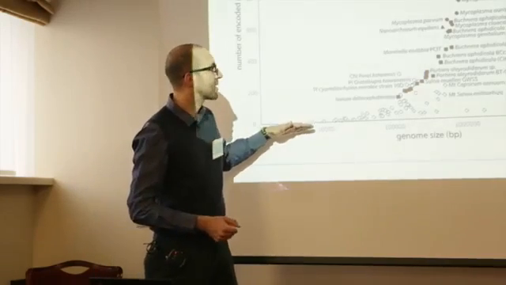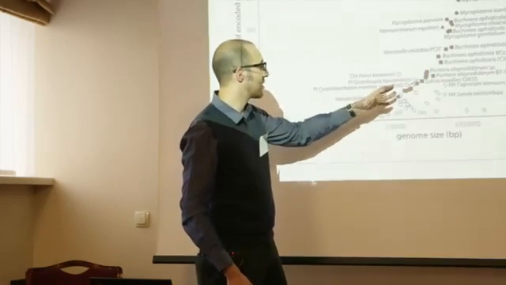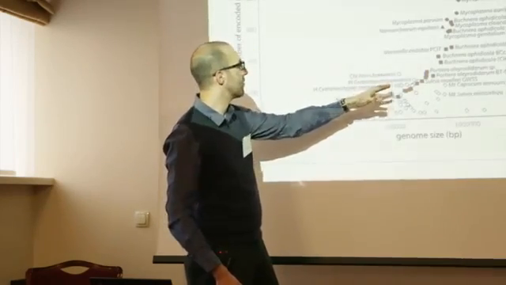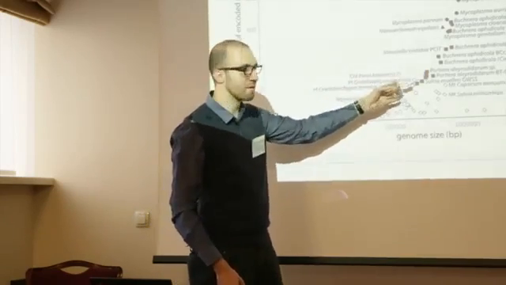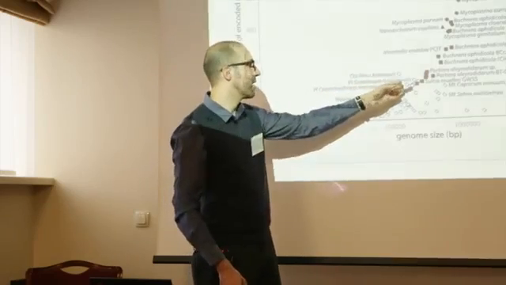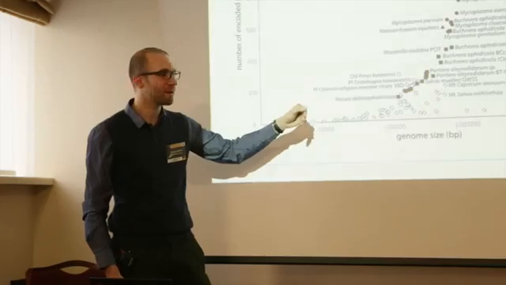But if you then go up to some larger things like chromatophores or the plastids of plants, then you will see they actually have an amazing number of functional proteins encoded in their genomes.